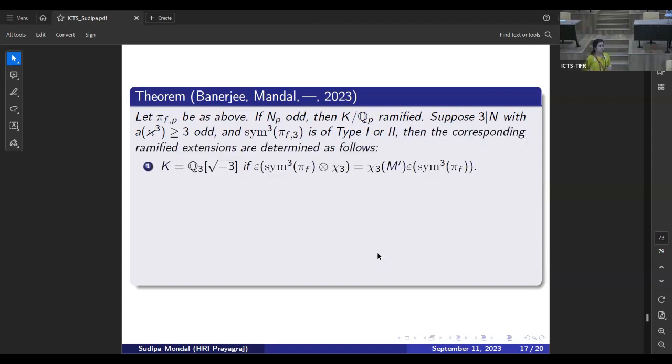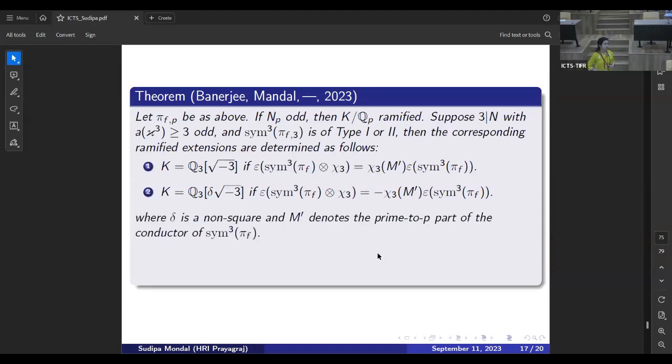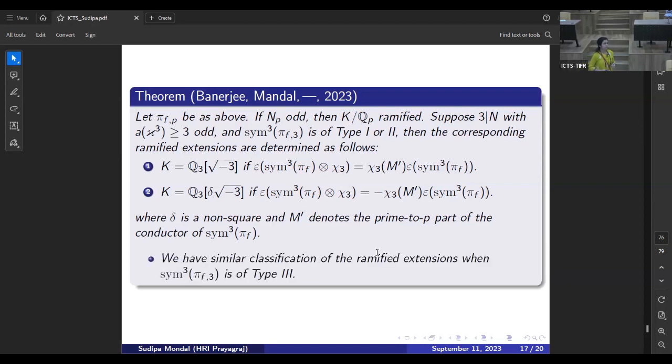Then K will be Q3(root minus 3) if the global epsilon factor ratio is chi_3 of M prime, and K will be Q3(root minus delta), the other one, if the ratio of the global epsilon factor is minus chi_3 of M prime, where delta is a non-square element of Q3, and M prime is the prime-to-P part of the conductor of Sym^3 pi_F. We also have a similar classification for the ramified extensions when Sym^3 pi_F3 is of type 3.